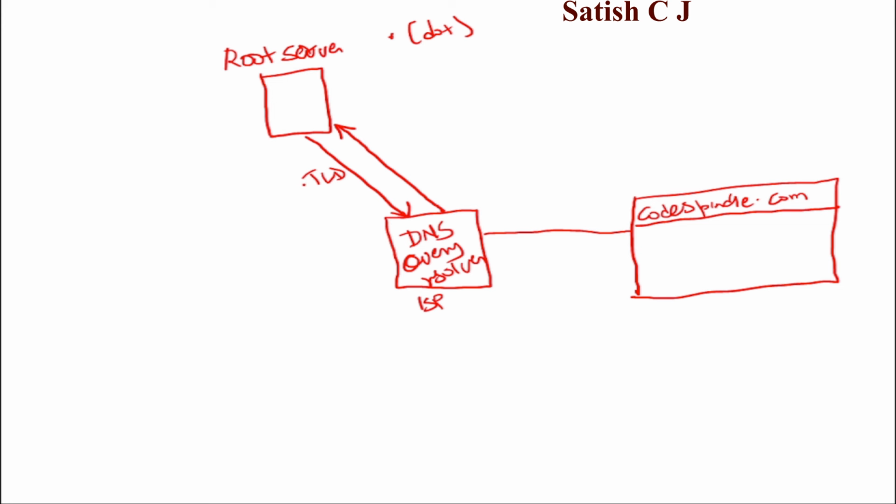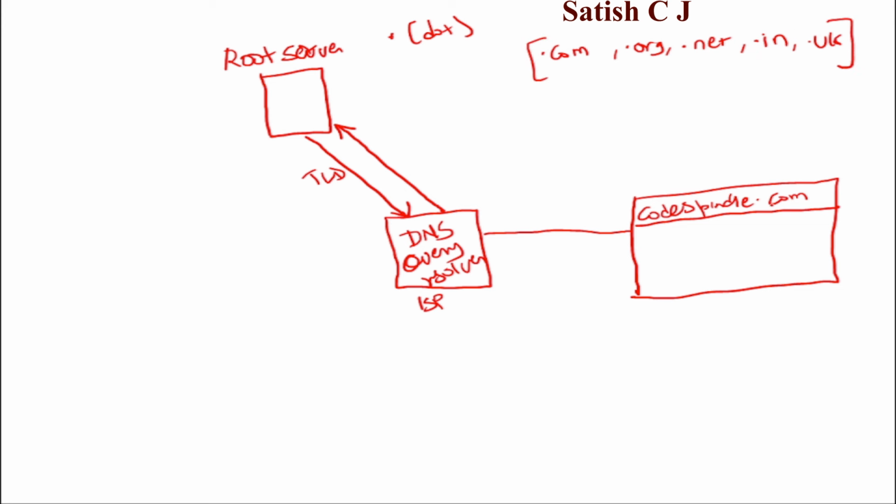These servers maintain information about sites corresponding to .com. These are top level domains, .org, .net. Not only that, we also have country specific domains, .in for India, .uk, something like that. So these are all top level domain servers.